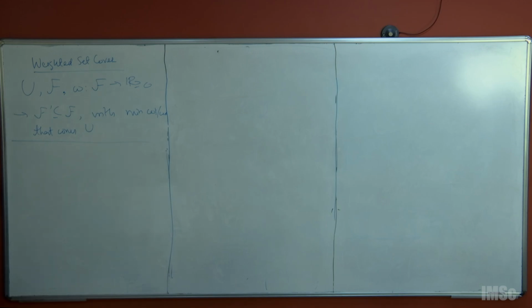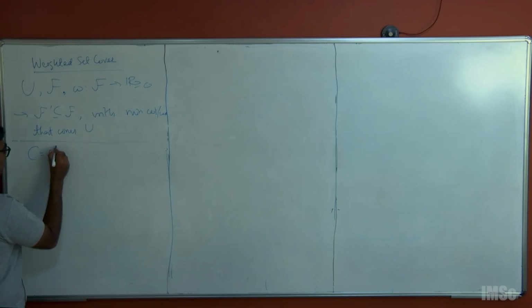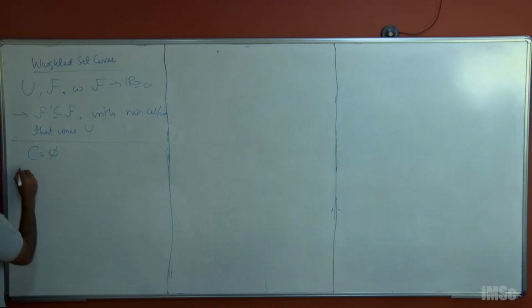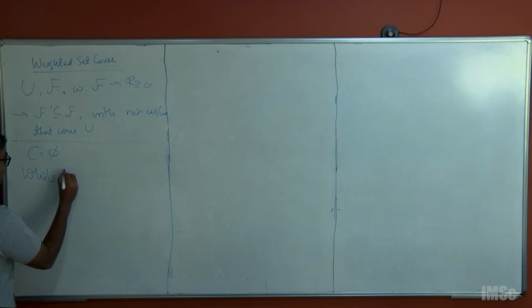If you recall correctly, the algorithm was fairly simple. Initially, covered C was an empty set.